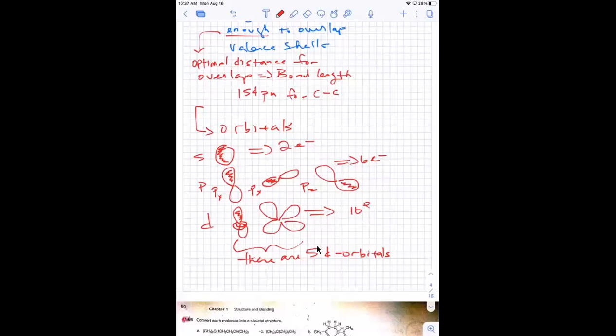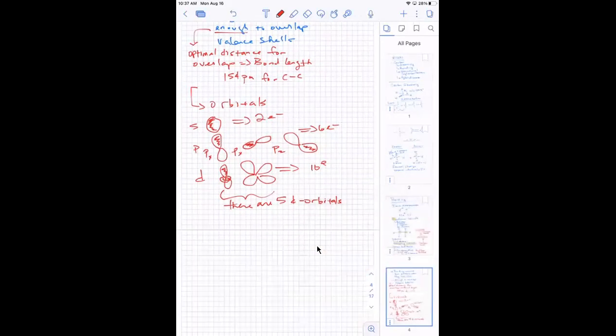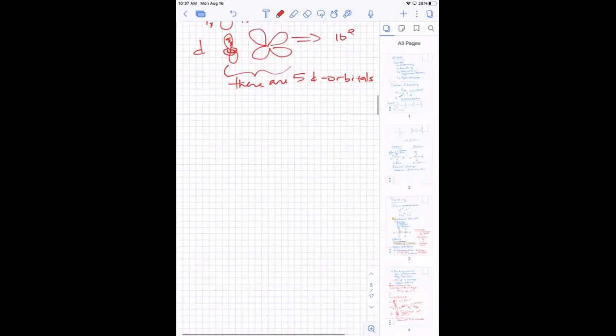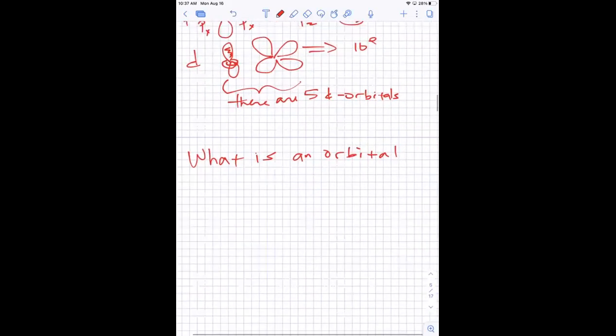So when we talk about orbital overlap, this is what we mean. Let me ask this question, since we're talking about orbitals, because this is another important concept: what is an orbital? Can anybody tell me that? Is that like how the electrons are surrounding the nucleus? Okay, I'm with you.